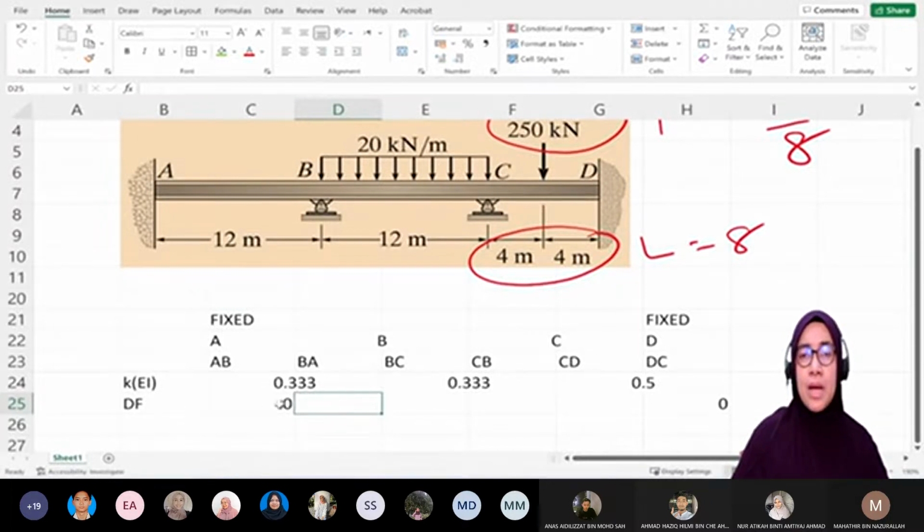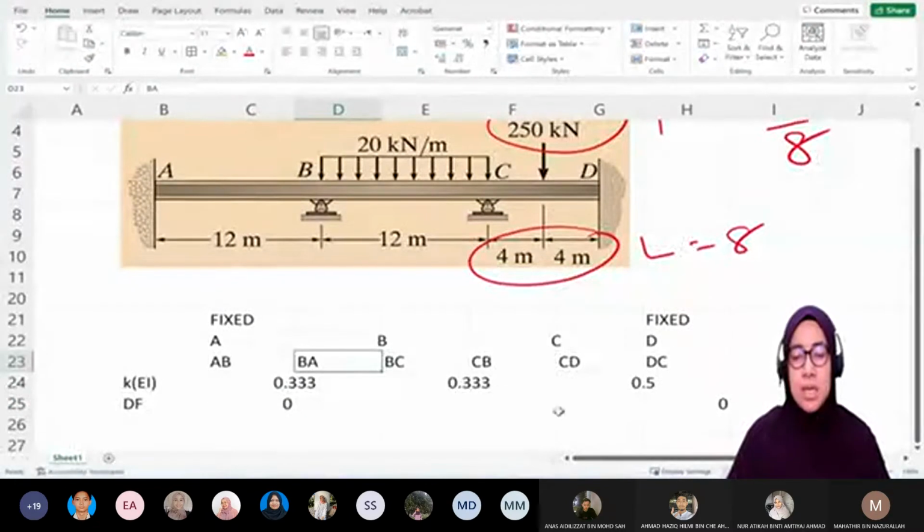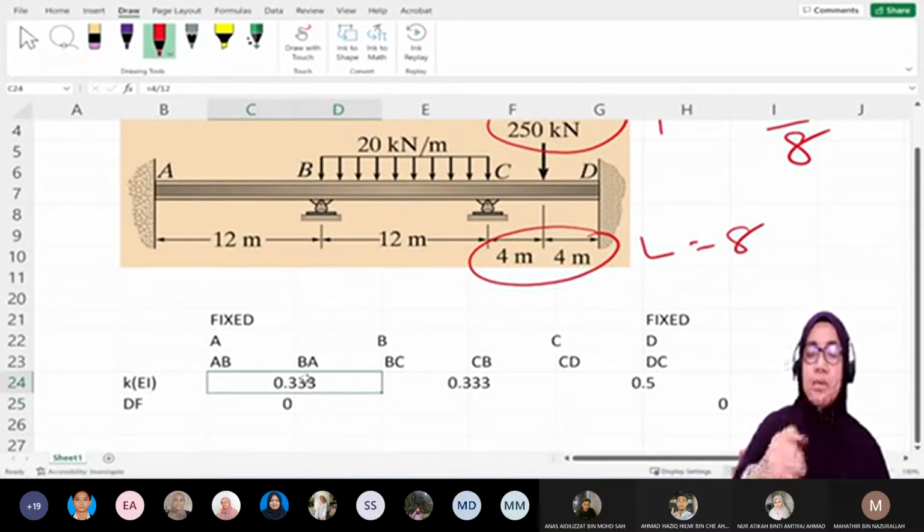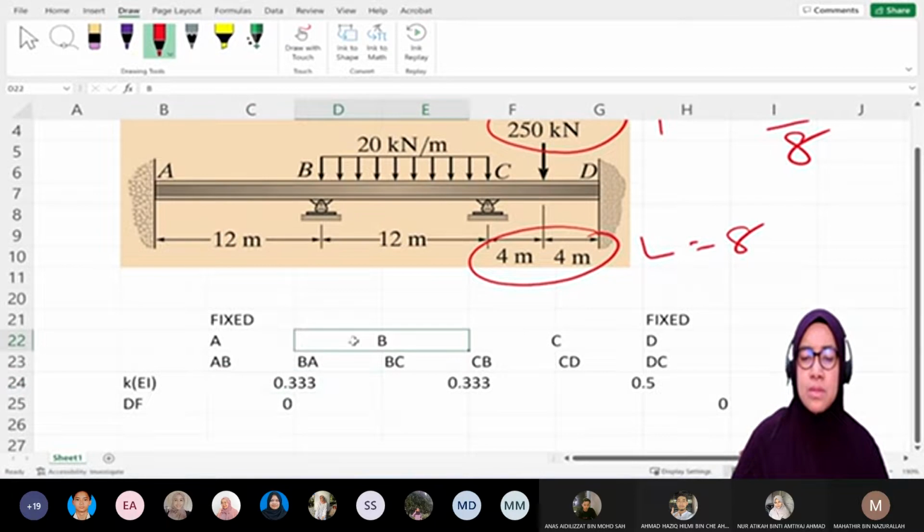There must be 6 distribution factors. We calculate from the formula K divided by total K. Total K means joint stiffness factor. To find DF for BA, the value 0.333 is KAB. Now we want to find K for joint B, so we combine these two values.